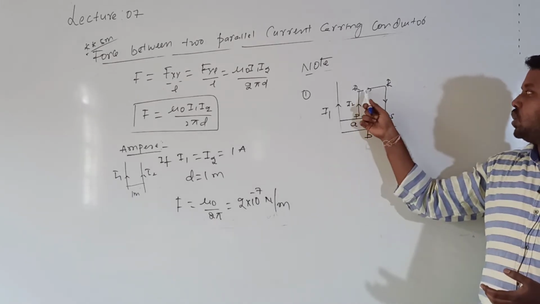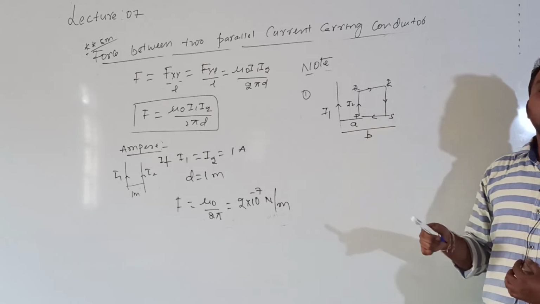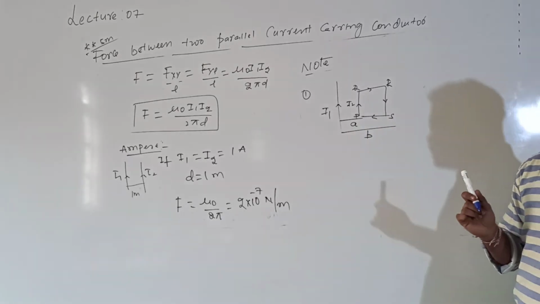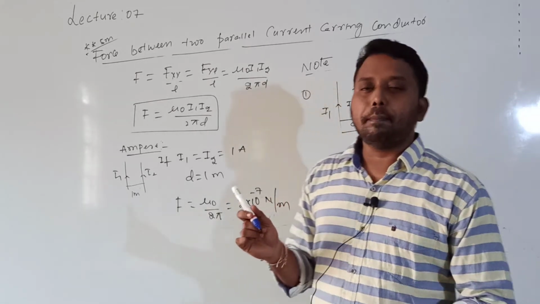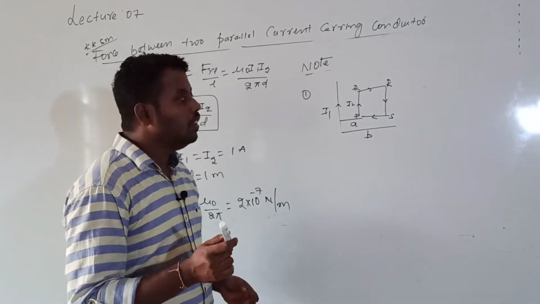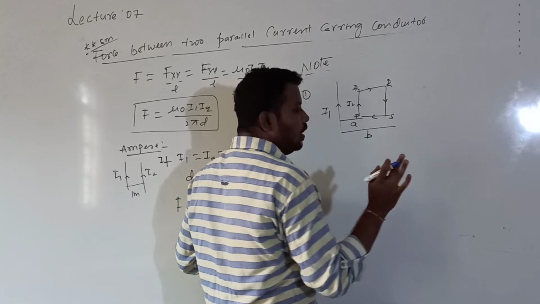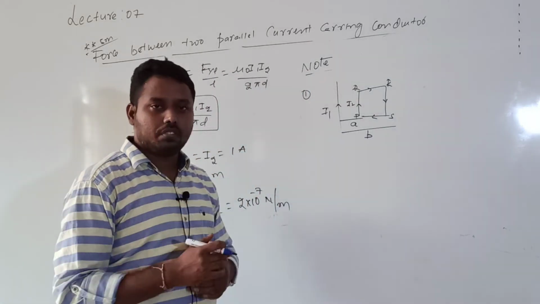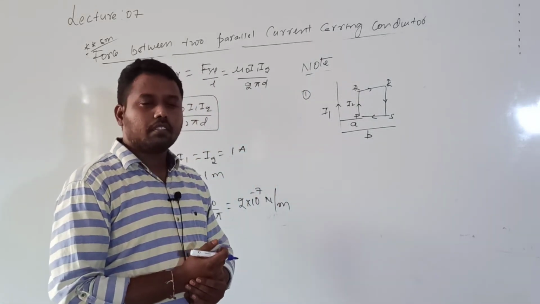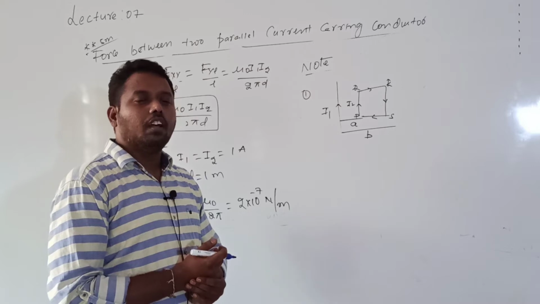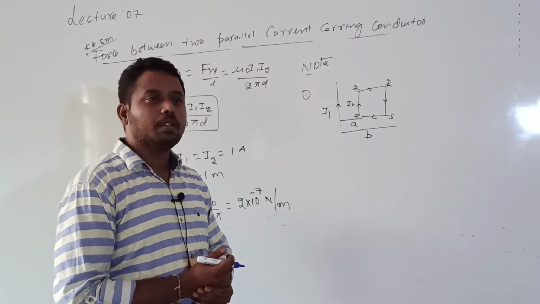Out of these, QR and PS are both perpendicular. So when both are perpendicular, QR and PS will not experience any force. Understood? Why will they not experience any force?